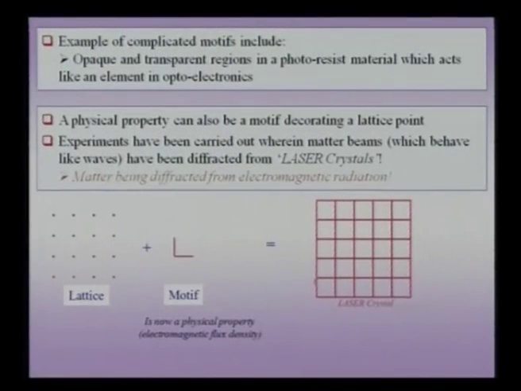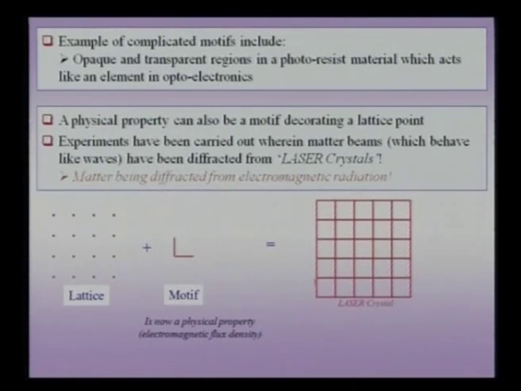So we can clearly see that there are crystals of diverse types, but for all these crystals we can use a common language of crystallography, and the physics of these crystals, suppose for instance the physics we are talking about is diffraction physics, is exactly identical as long as the common criterion for diffraction is met, that is, the wavelength is similar to the spacing in the lattice or the spacing in the crystal.